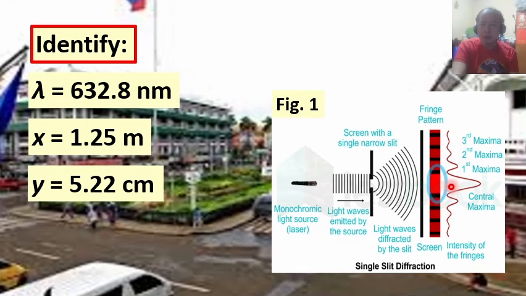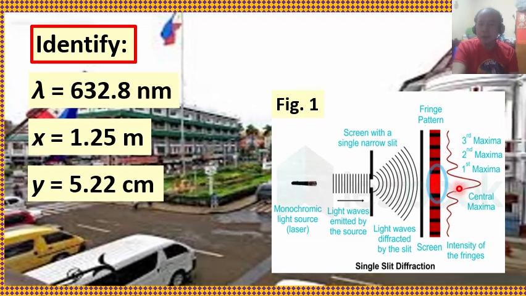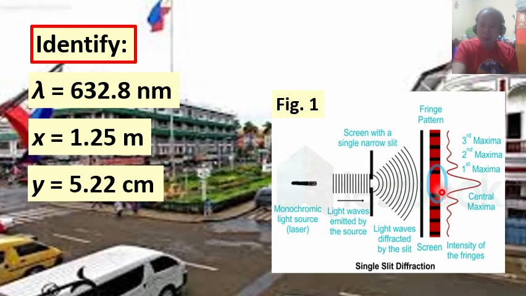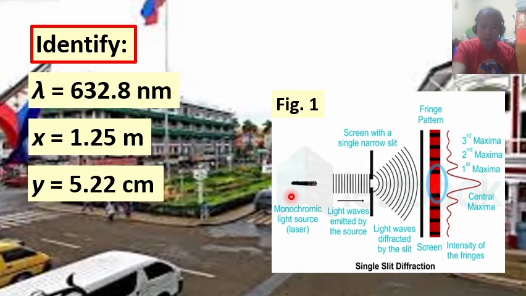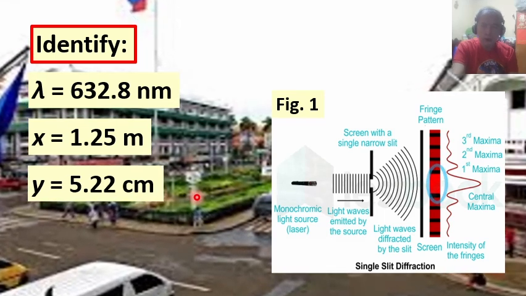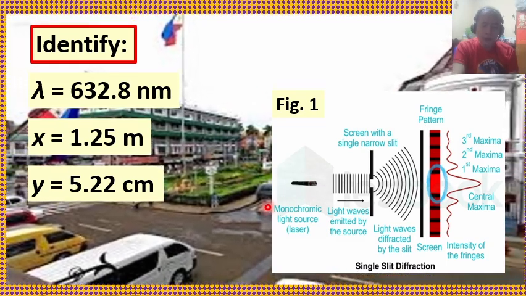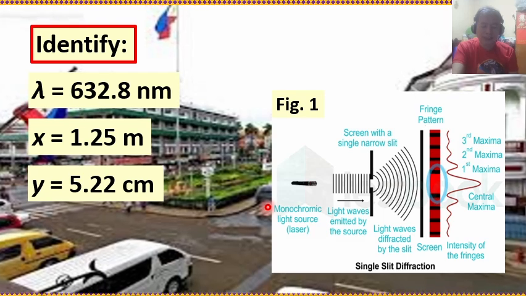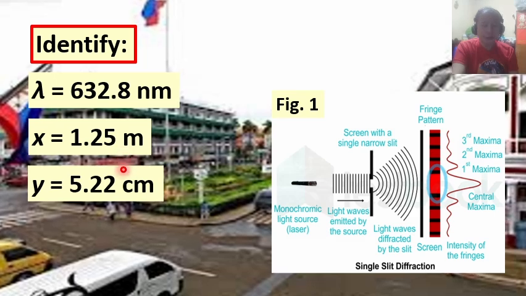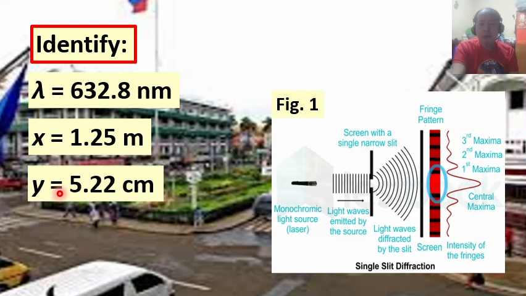In this case, we're talking about the distance between the first minima on either side of the central bright fringe. So that's equal to 5.22 centimeters. So notice that in Fraunhofer diffraction, the value of x is considered much greater than the value of y.